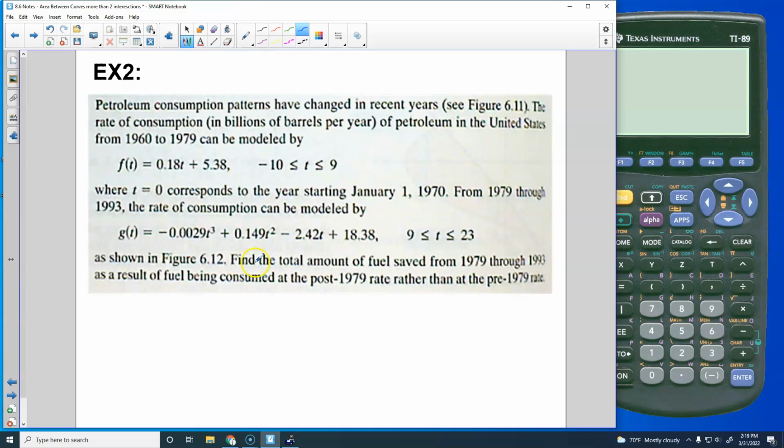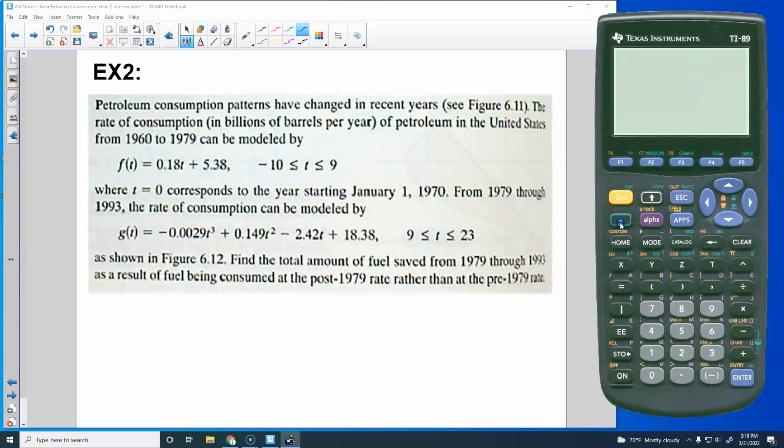So we're supposed to find the total amount of fuel saved from 1979 to 1993 as a result of the fuel being consumed at the post 1979 rate. So let's put these both into our calculator.